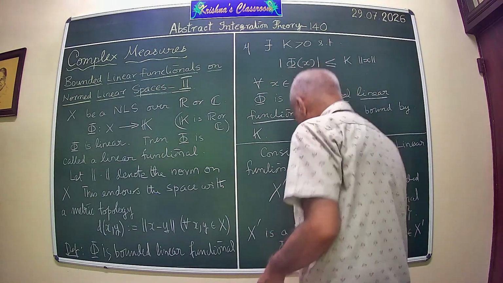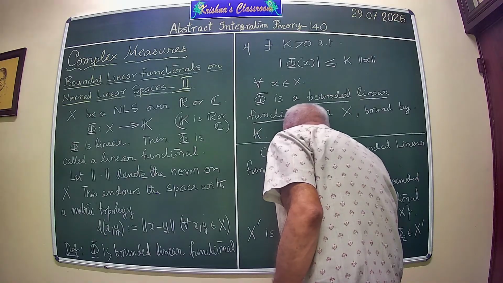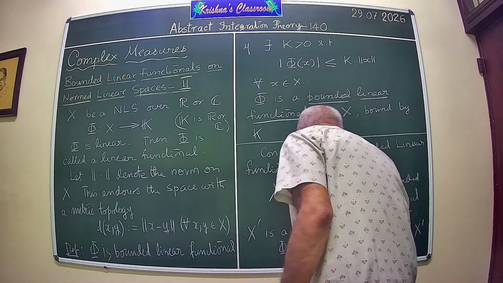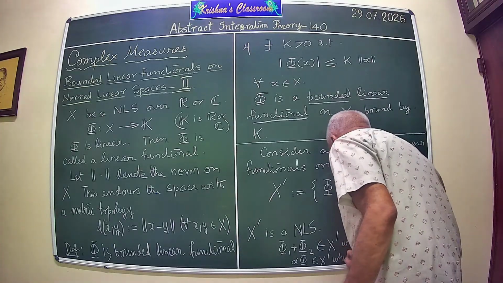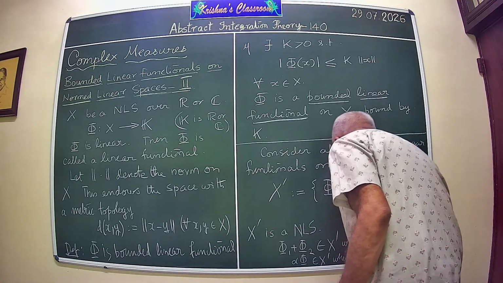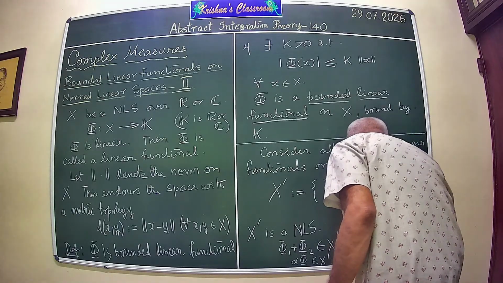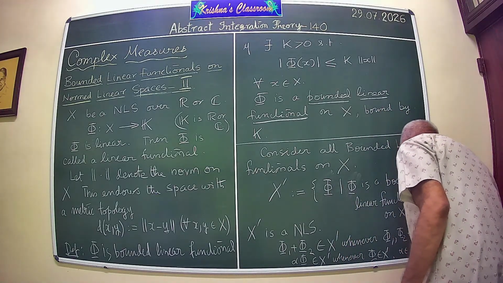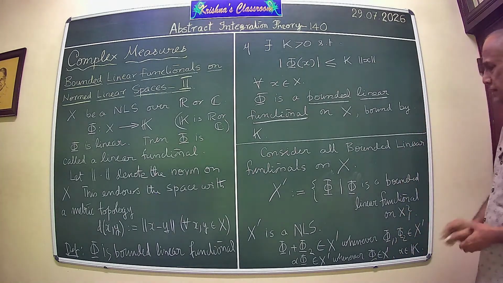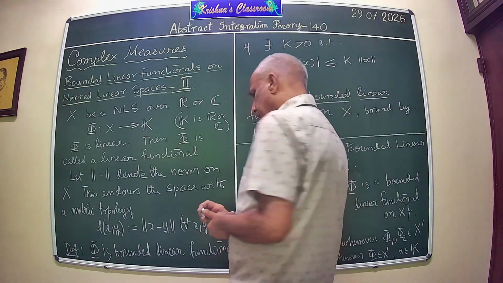Now alpha phi belongs to X prime whenever phi belongs to X prime and alpha belongs to K. So these are the usual properties of linearity.